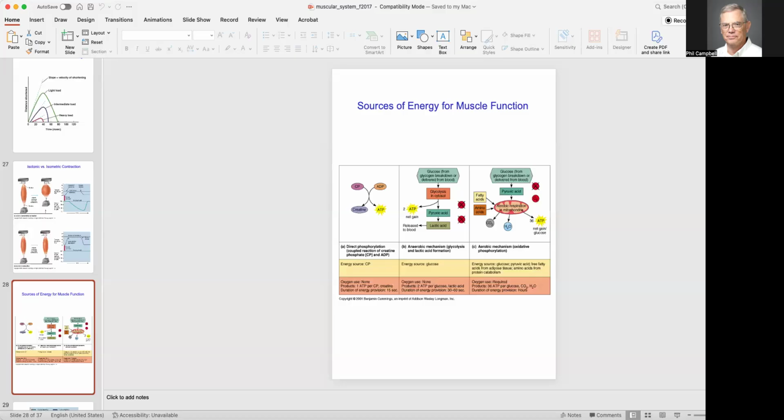Not just pyruvic acid, we can use fatty acids, amino acids, a variety of precursor energy sources can feed into oxidative phosphorylation, resulting in 36 ATPs per molecule of precursor. Extremely efficient form of making energy.